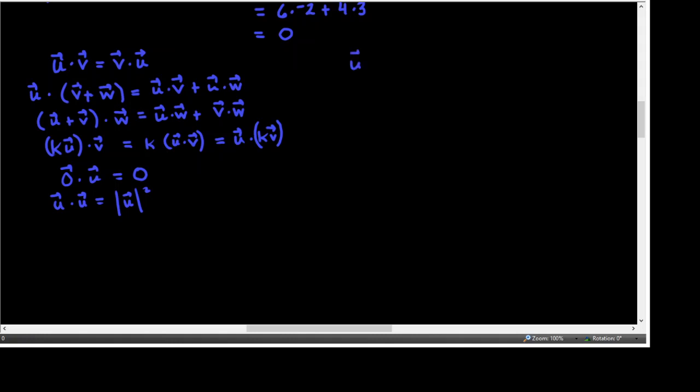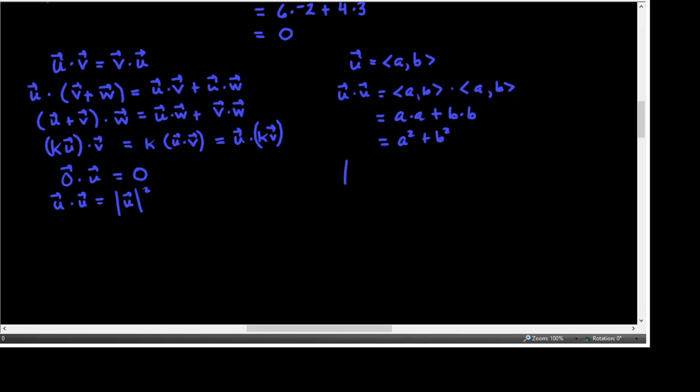So if I define u to be (a, b), and all of these you could do this kind of proof if you wanted to. u dot u is going to be (a, b) dot (a, b), and of course that's a times a plus b times b according to the definition of dot product, which is a squared plus b squared.